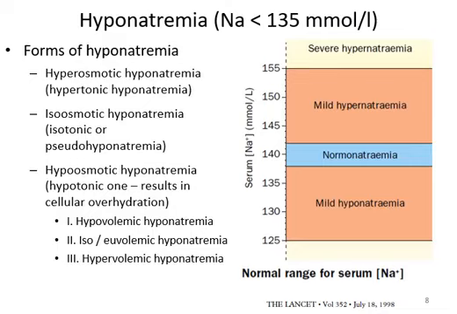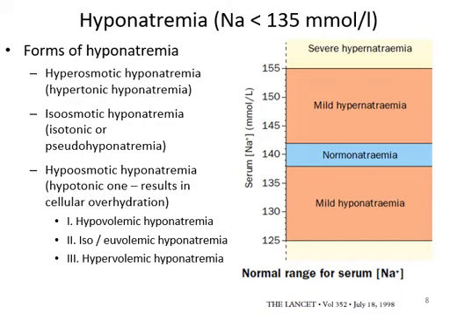So hyponatremia can be either hyperosmotic, isosmotic, or hypoosmotic. When you realize hyponatremia, the first thing you are supposed to do is detection of osmotic activity of the plasma, and from then onwards you can get further.